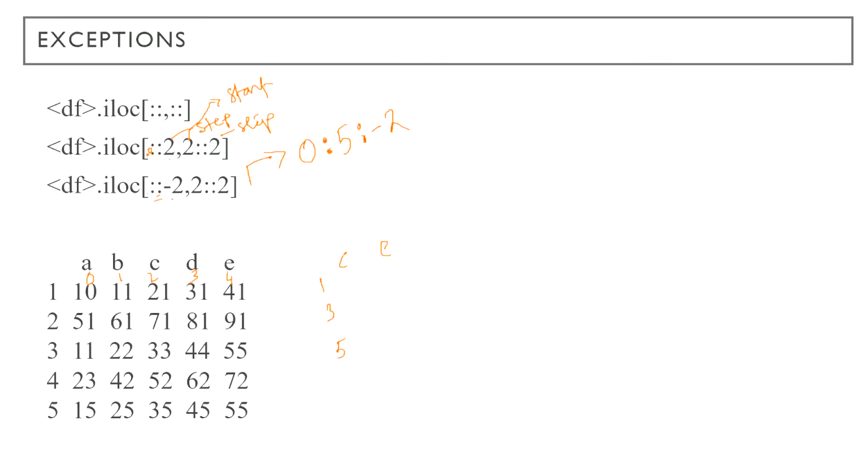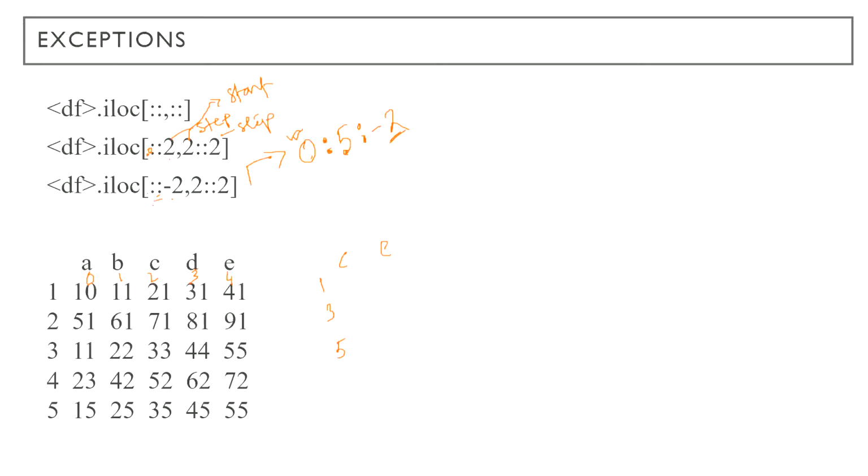Okay. Now, in this case, one thing we need to remember. Here it is 5. I have not given stop value. I have not given start value. I have given only -2. In this case, we need to remember the start value default is 0.